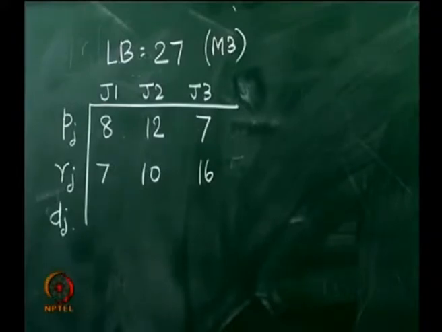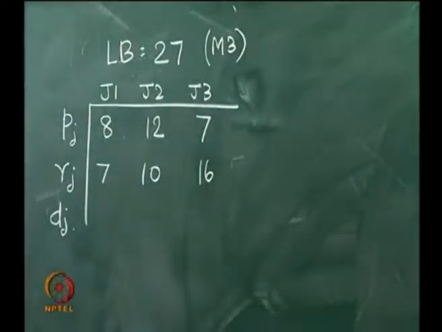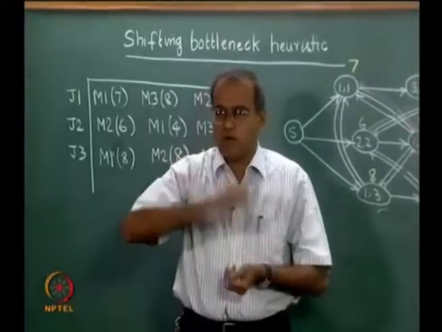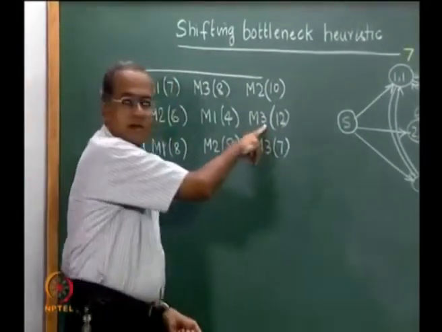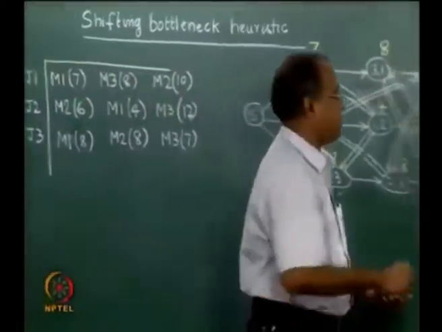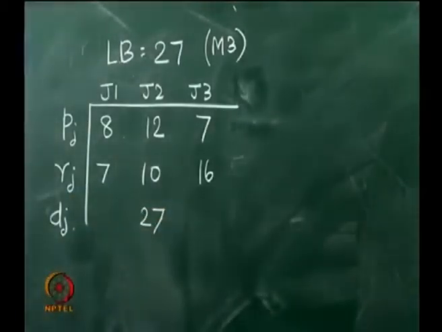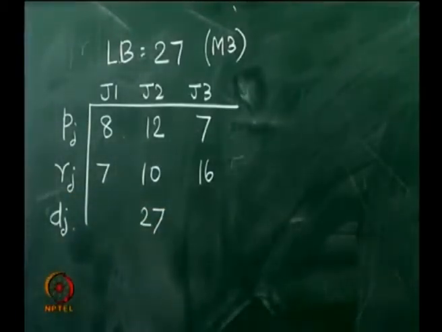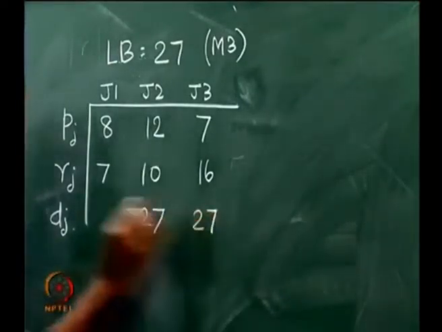Now, let us find out the due dates. If we assume that the makespan is 27, which is the lower bound on it, now M3 is the last machine for job J2. So, the due date for job J2 will be 27, which is the lower bound on the makespan. Similarly, due date for J3 will also be 27.